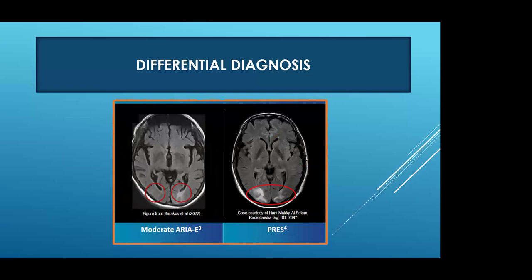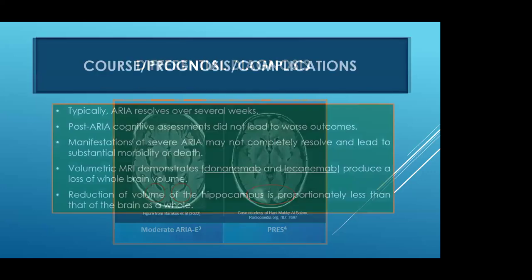It's a vasogenic edema, but of course, remember that PRES presents in those patients with preeclampsia or autoimmune disorders, receiving medications, those with sepsis, renal failure, and of course the clinical picture as well, right? So encephalopathy, seizures, visual disturbances will also be present in those patients with PRES.